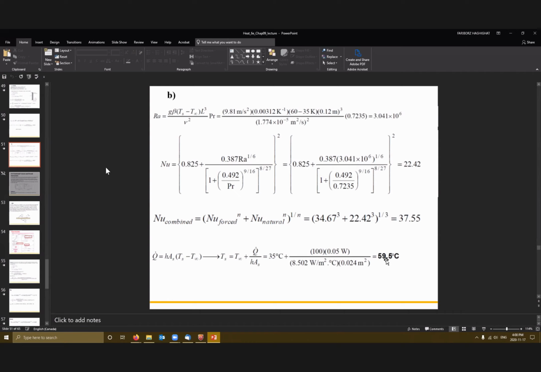There is a mistake in your calculation, because we have to calculate the Grashof number over the Reynolds number to the power 2, not the Rayleigh number, okay? In the expression it is the Grashof number, which means this number divided by this number. Therefore, that number will increase.